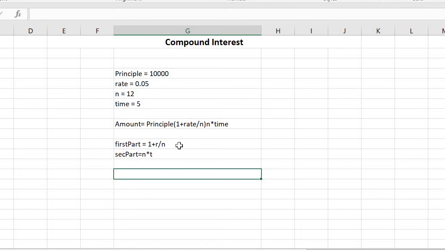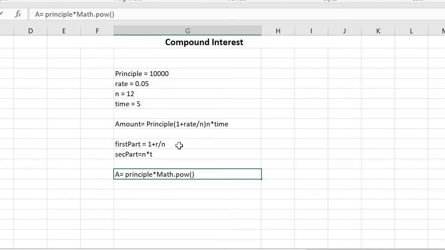After that, we will be using a function from the math library, and I will be writing amount A is equal to principal into math dot power function.